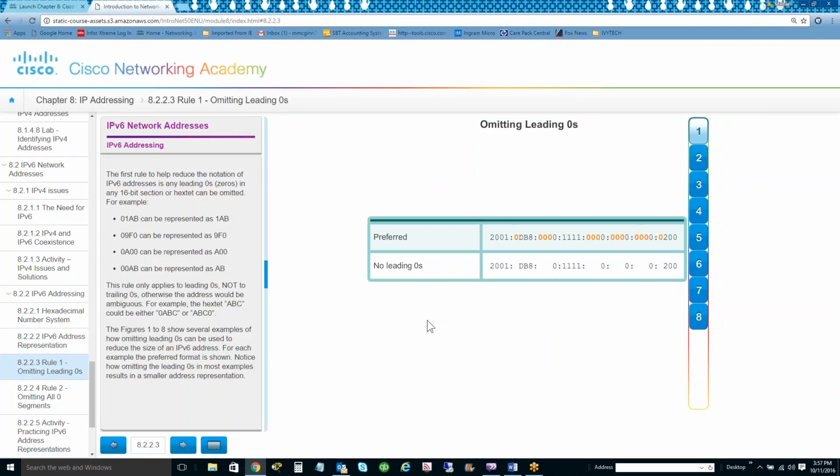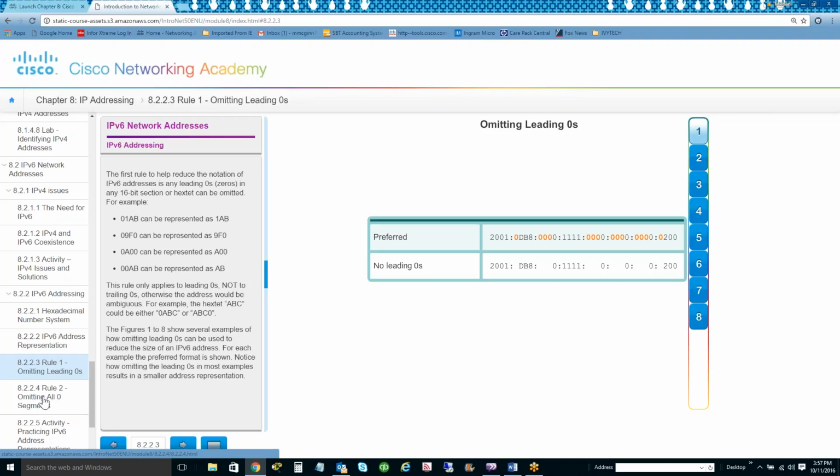Rule number one is you can get rid of leading zeros when you note it. So if the address is this, you can note it as that. Rule number one. Okay, so you're just getting rid of the leading zeros just to make the IP address shorter.